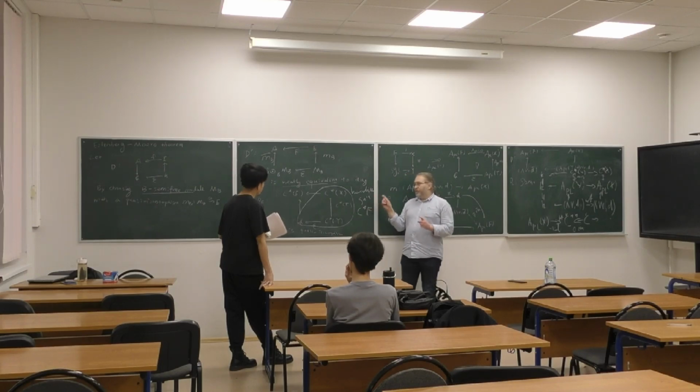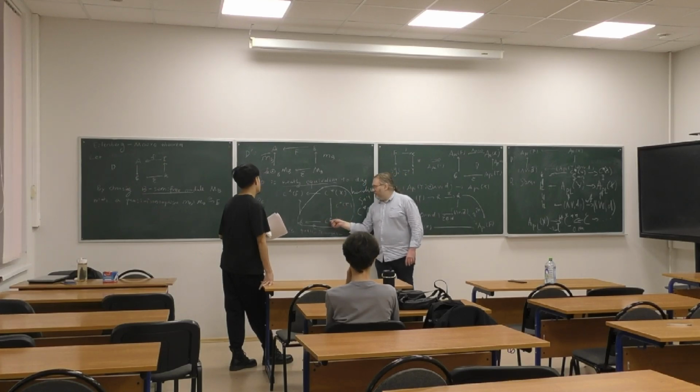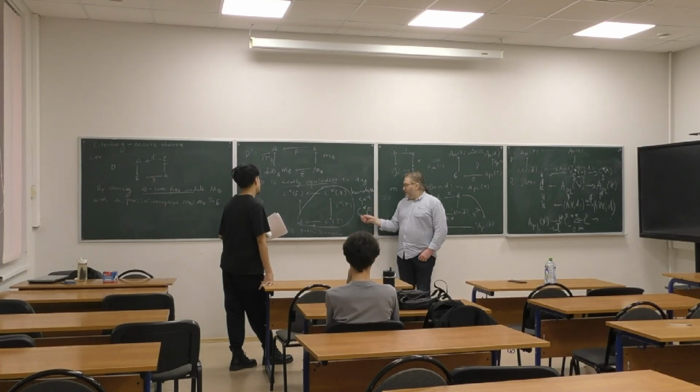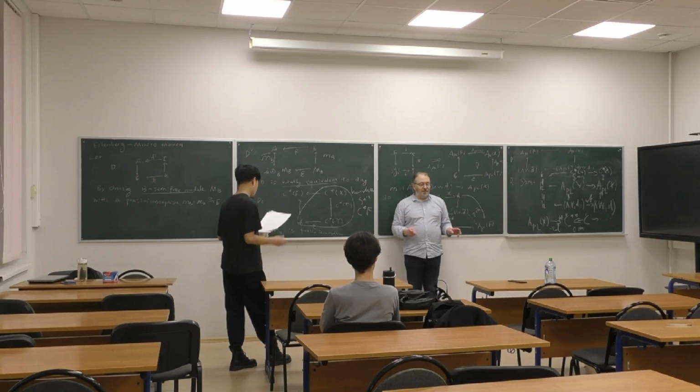Are you ready to prove that after some manipulations with these three ingredients, we get something quasi-isomorphic to this one? Yeah. Okay, let's prove this because the rest we sort of understand already. Well, at least that's my impression. I might be wrong.